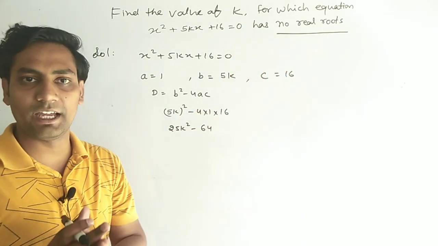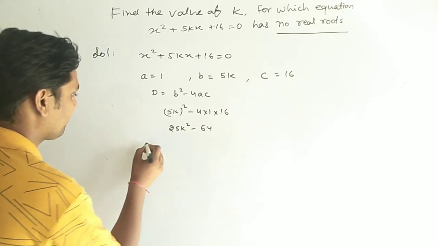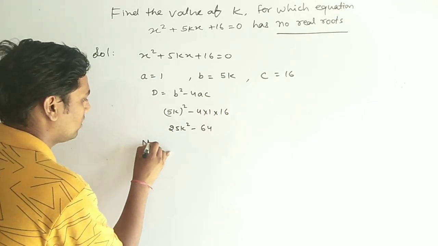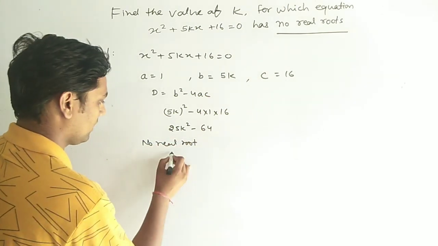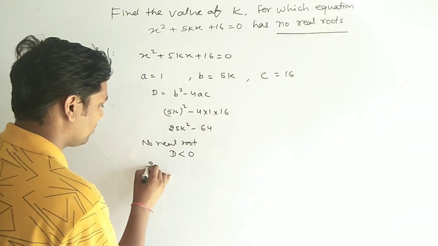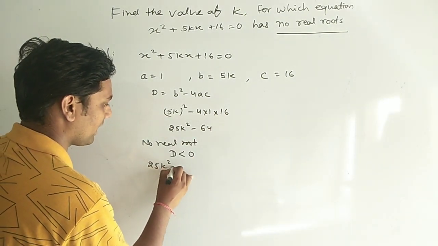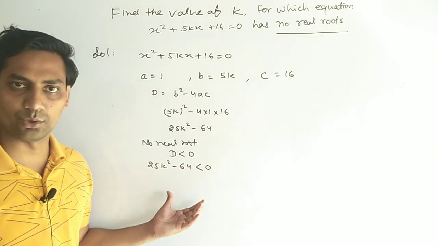When is there no real root? When the discriminant is less than 0. So no real root means D less than 0. The value of D is 25k square minus 64 less than 0. Understood?